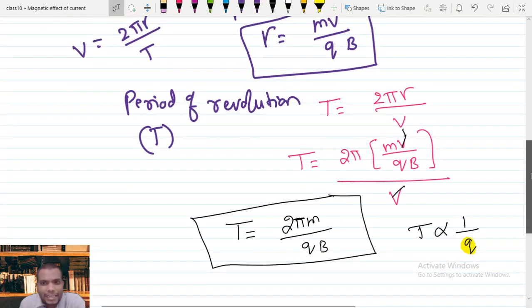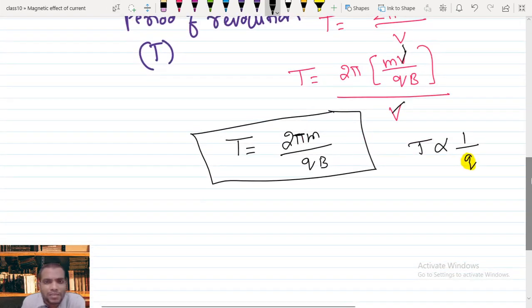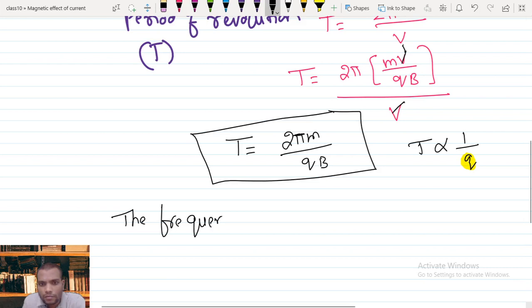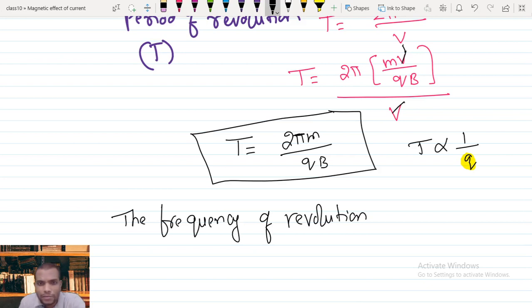But it is handy to express the period of revolution in terms of frequency. Therefore the frequency of revolution, what is the relation between frequency and time period? Frequency f equals 1 by time period.